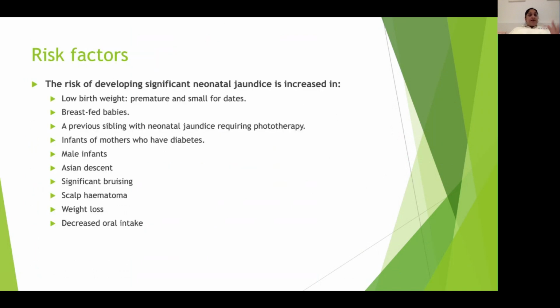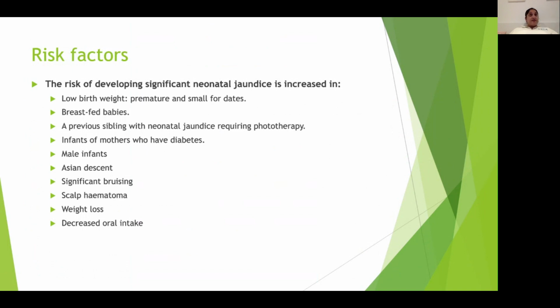So there are many risk factors for developing neonatal jaundice. The most common ones are babies that have a low birth weight, so ones that are usually premature or small for dates. Babies that are breastfed, as I said before, and babies that have a previous sibling that had neonatal jaundice that required phototherapy, are more at risk of getting jaundice as well.